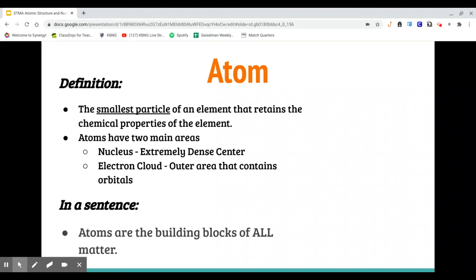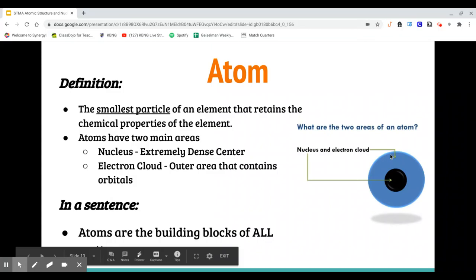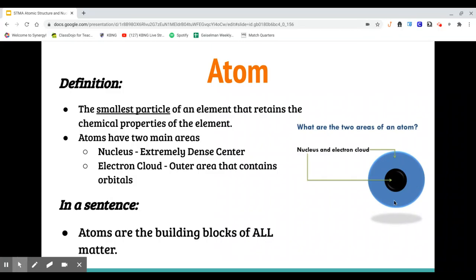If I was going to look at this in a sentence, atoms are the building blocks for all matter. Nothing on Earth or in the universe can be made of anything but atoms. So here are those two main areas: in the center, we have the really dense nucleus, and surrounding it, we have the electron cloud.